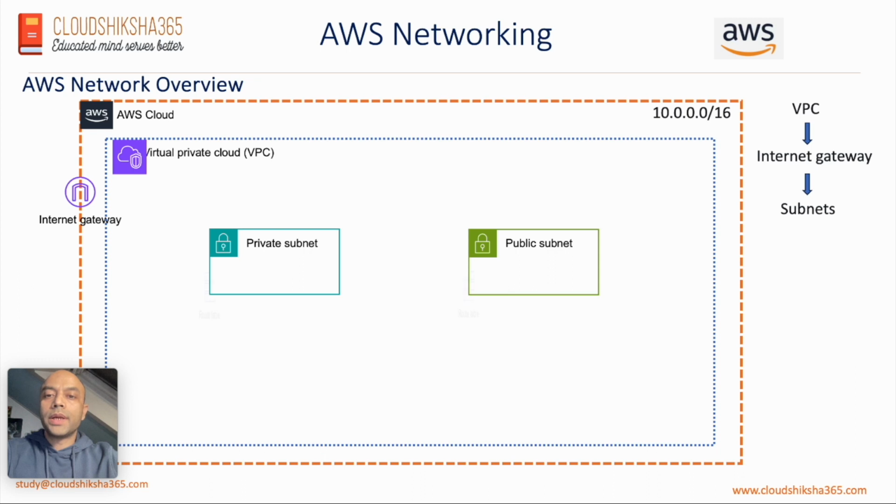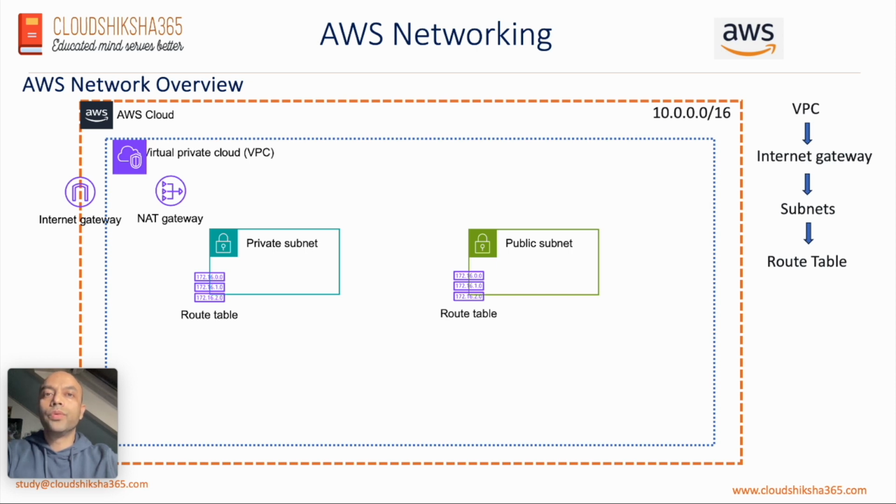With every subnet there is an associated route table, and this route table decides how the traffic will be routed from within your subnets and from your EC2 instances to another subnet or even towards the internet gateway. Then the next in the list is the NAT gateway, which is the network address translation gateway.